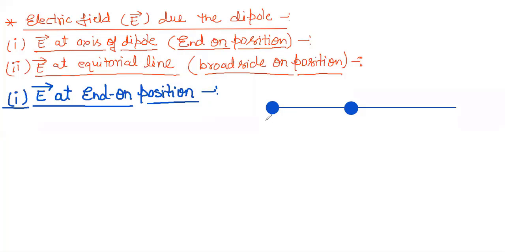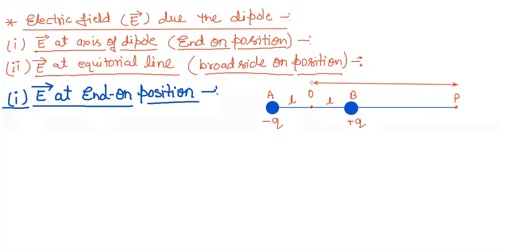Suppose this is minus q and this is plus q, charge A and charge B. This is the midpoint O. This is L, this is L. And there is a point P at which we have to calculate the electric field.